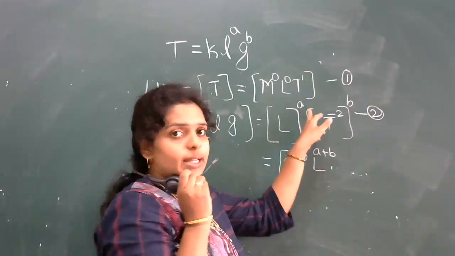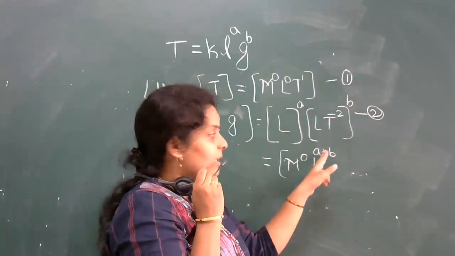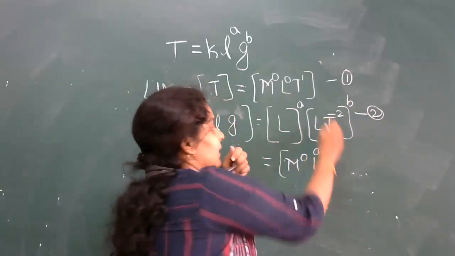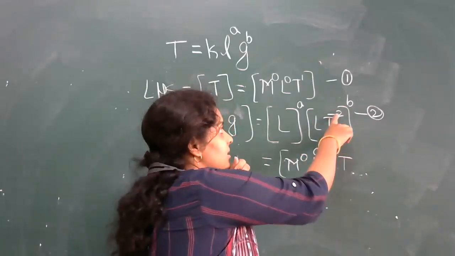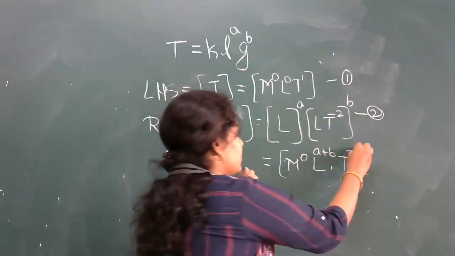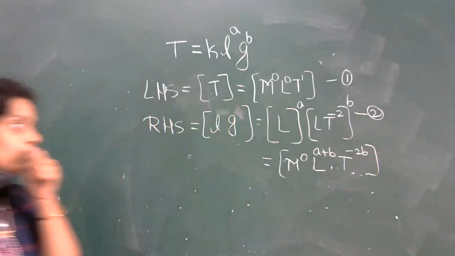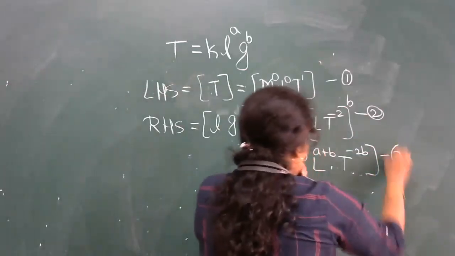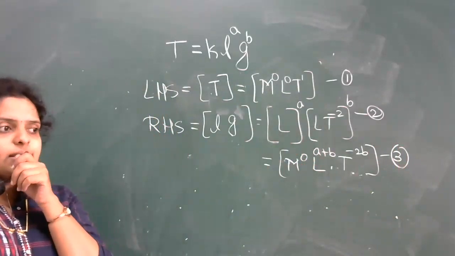Here it is L to the power A, here it is L to the power B, therefore it becomes L to the power A plus B. Next, T to the power, this is minus 2 into B, which is minus 2B. Now we are equating equation 1 and equation 3, or we are equating LHS and RHS.